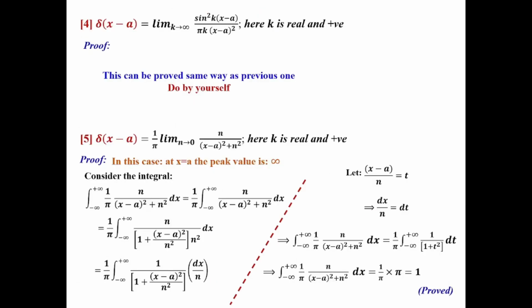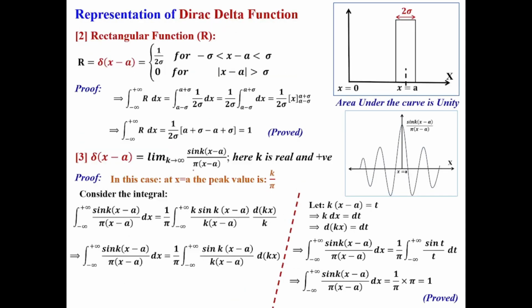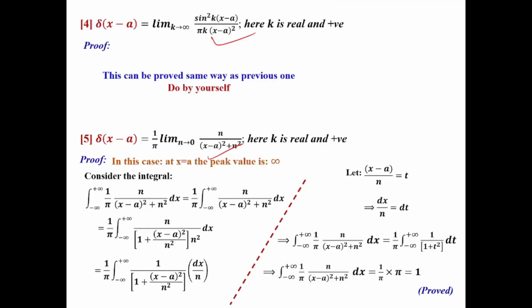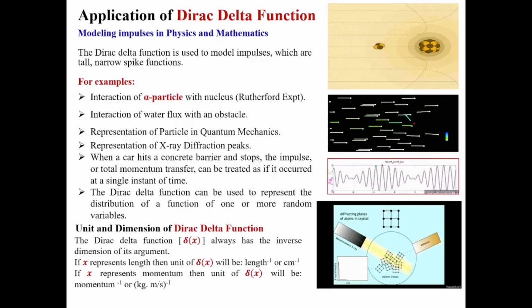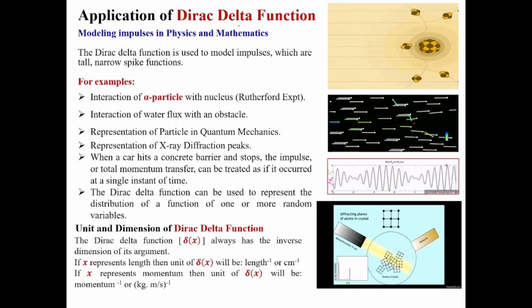Okay, so these are the functions we discussed that are representations of the Dirac delta function, or the Dirac delta function can be represented by these functions, this one, this one, and this one, and the rectangular function and Gaussian function. Okay, now we are going to go for the application of the Dirac delta function.